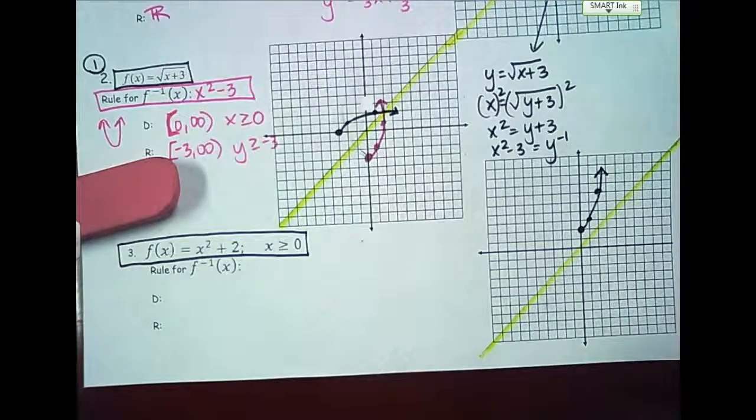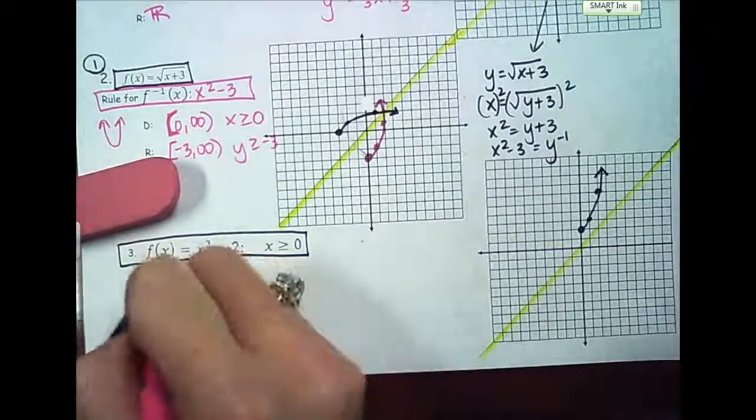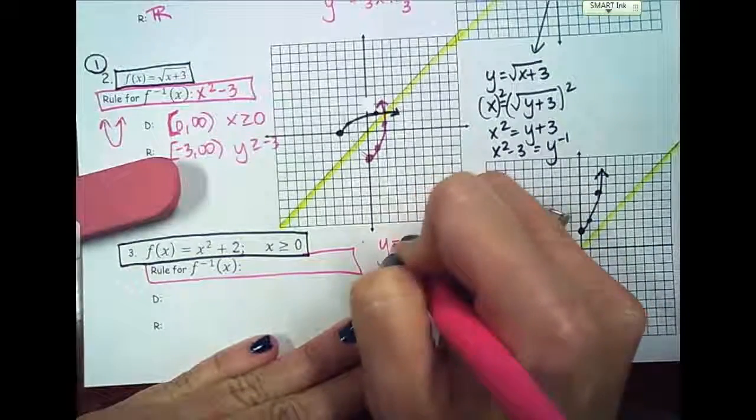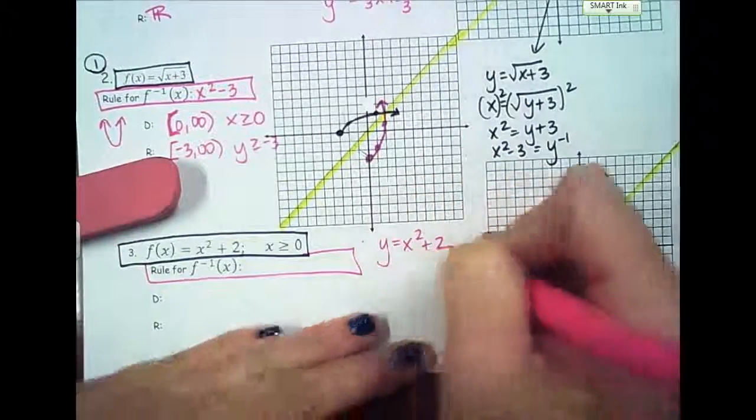Now then we're going to find the inverse. My original function was y equals x squared plus 2.